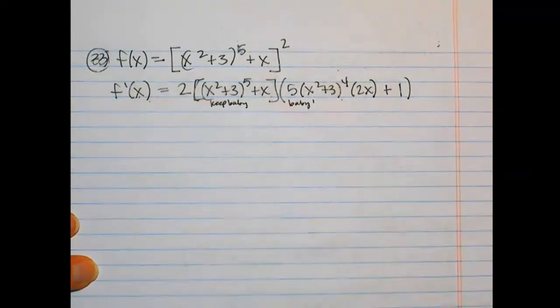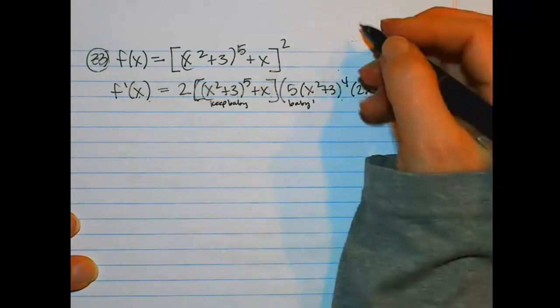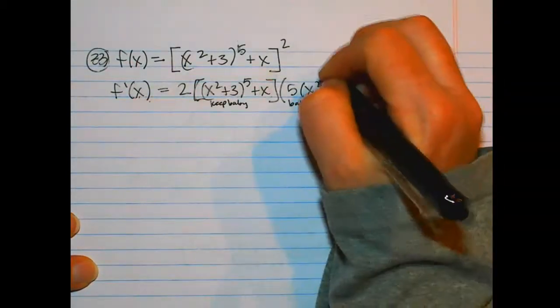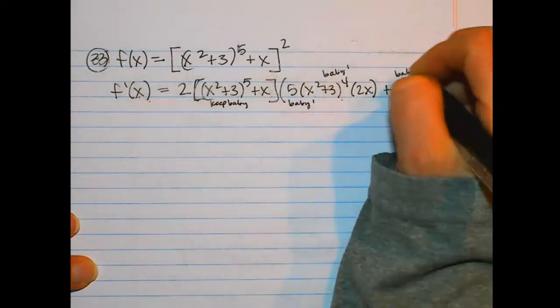So this whole thing was the derivative of the baby. So the baby had its own baby prime, and this is its baby prime.